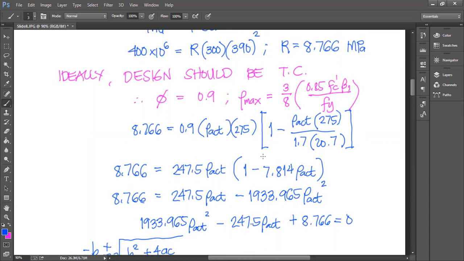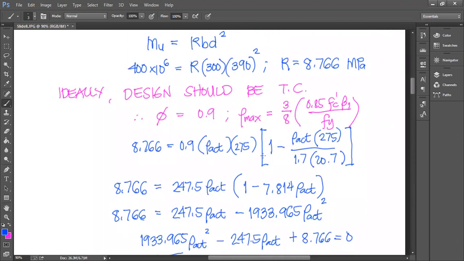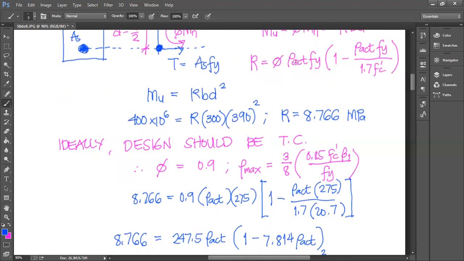Tama naman yung derivation ko sa R. R is equal to raw actual times phi times fy multiplied by 1 minus raw actual fy all over 1.7 f prime c.